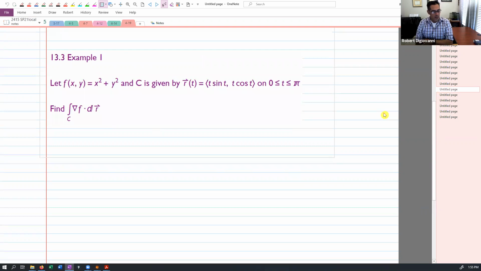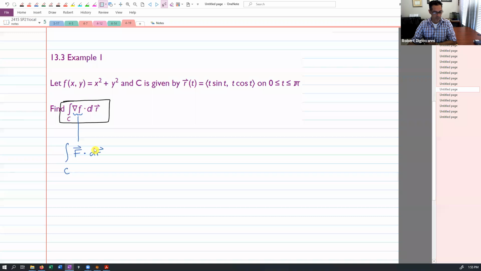All right, let little f be this, and we want to find the work done by the gradient vector field. Do y'all understand that this right here is the vector field we're supposed to be doing this with, the integral over c of F dot dr? Yes?